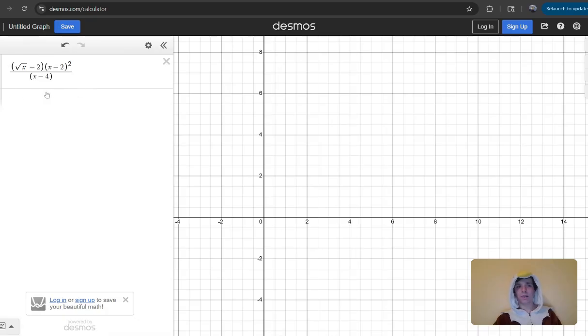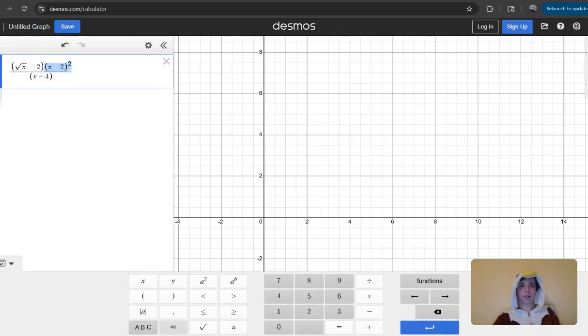And this is all stuff we've seen before. We know how to do this square root thing. So let's take this x minus 2 squared out of here and put it down here. So we're trying to find the limit as x approaches 4. So it's going to approach 4 minus 2 squared, which is 4.